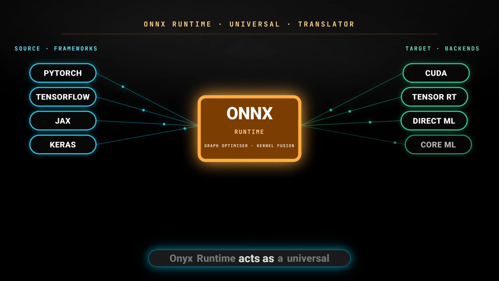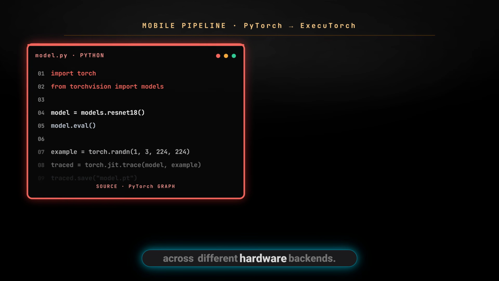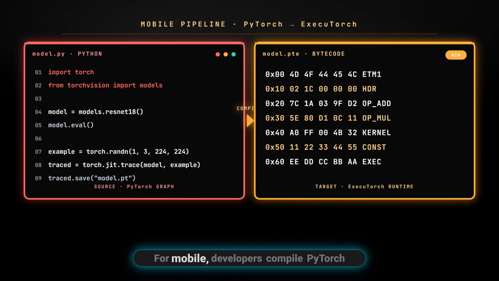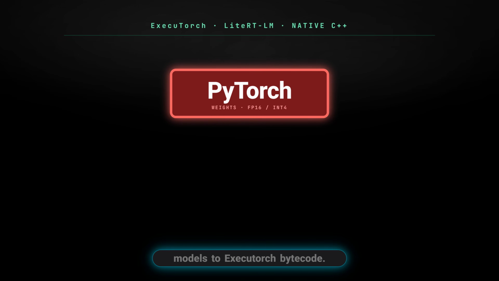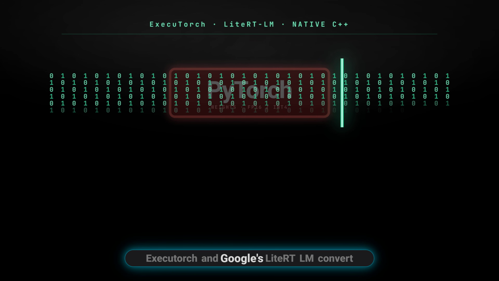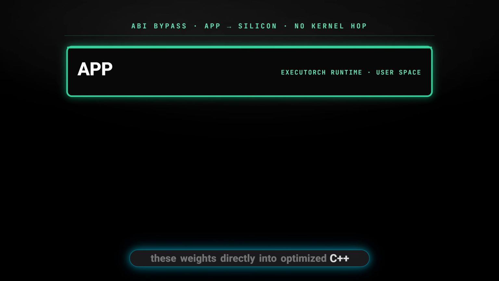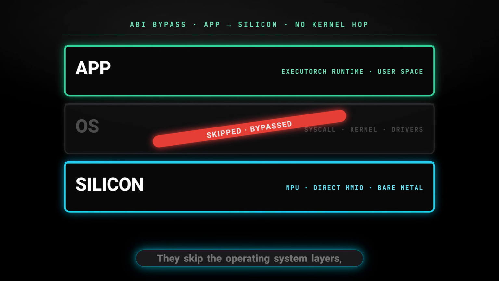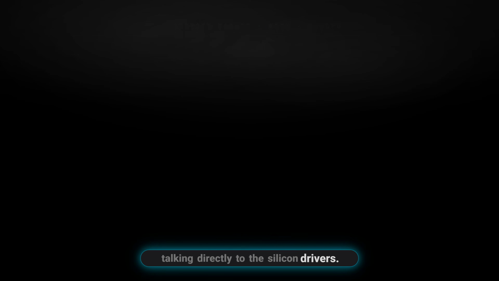ONNX Runtime acts as a universal translator, optimizing and running models across different hardware backends. For mobile, developers compile PyTorch models to ExecuTorch bytecode. ExecuTorch and Google's LiteRT-LM convert these weights directly into optimized C++ binaries. They skip the operating system layers, talking directly to the silicon drivers.